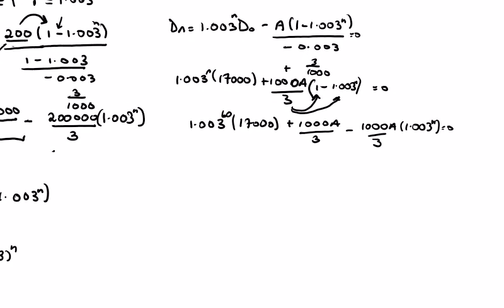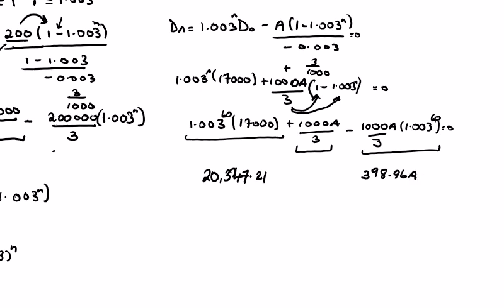So what have we got here? We have n again is 60, so I'll just put it in. So this on my calculator is giving me 20,347.21. We have 1,000A over 3, and then 1,000A over 3 by this is giving me 398.96A. This one has to be 333.33A, equals 0.